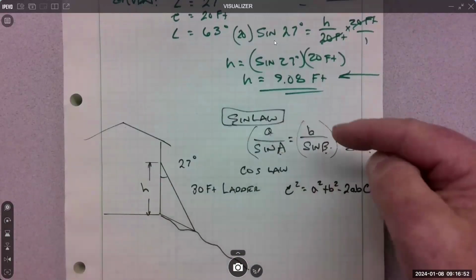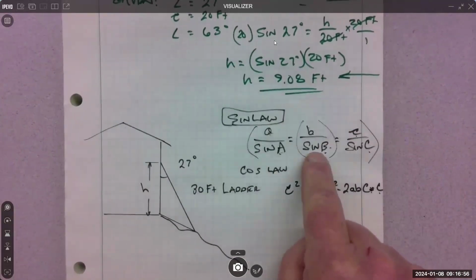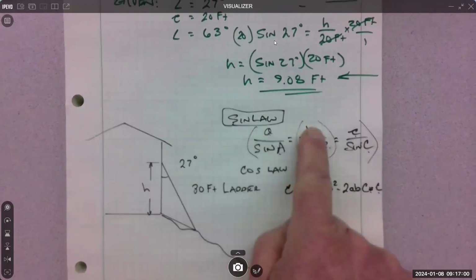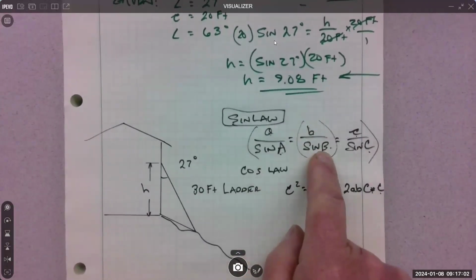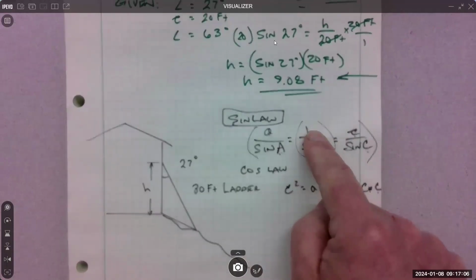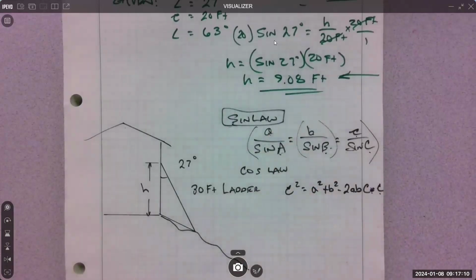So in both cases, you need to know three things. This one, you need to know either two sides and one angle to get that angle, right? Or you need to know two angles and one side to get that side. So if you have 4 variables, we have to know 3 of them so we can solve for the single unknown variable, right? Both laws are the same. They have 4 variables. We got to know 3 things.